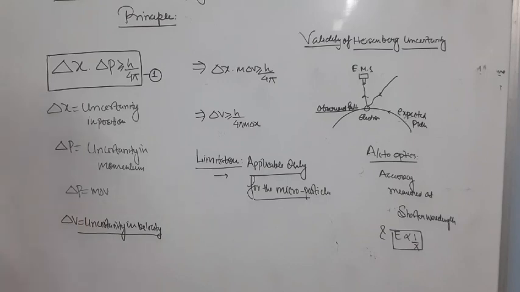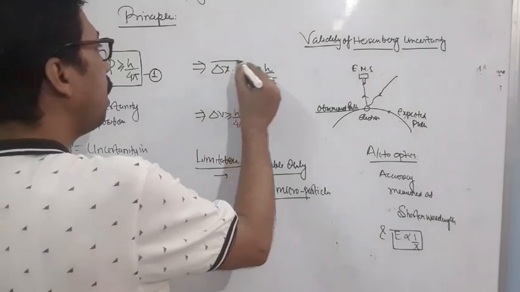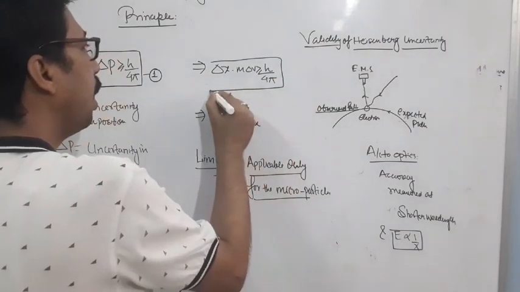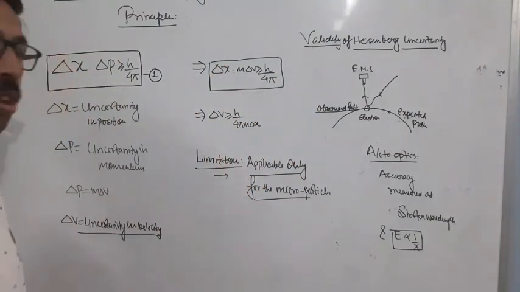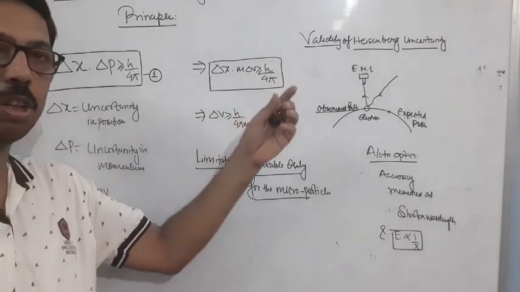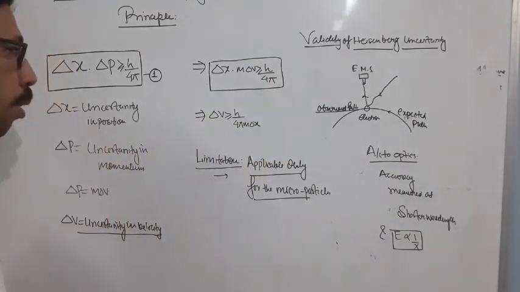And now if we put this value of del p in equation 1, we will have the equation like this, and that is del x dot m del v greater than or equal to h by 4 pi.